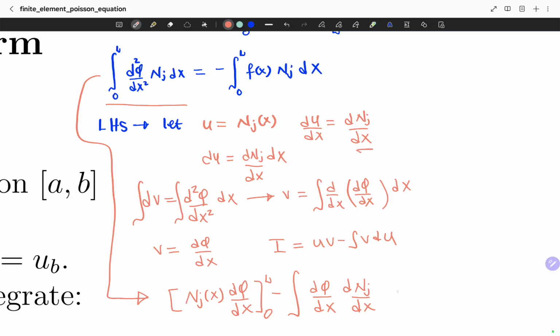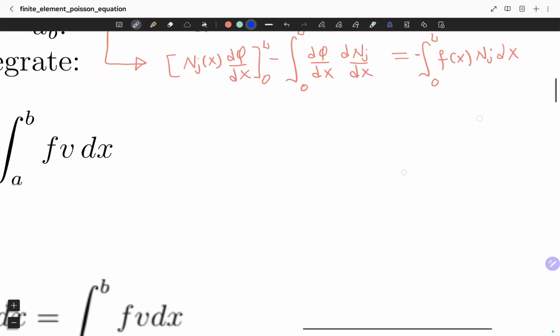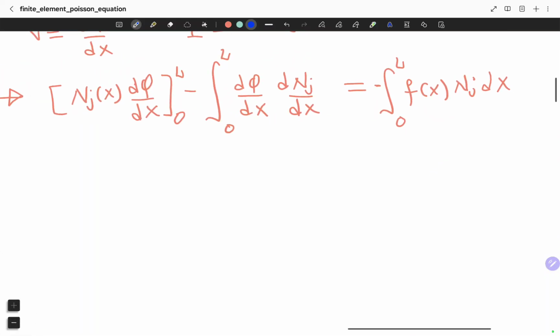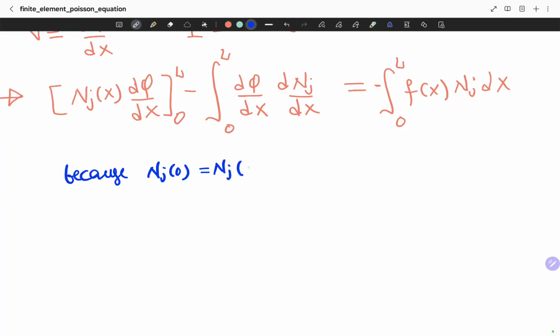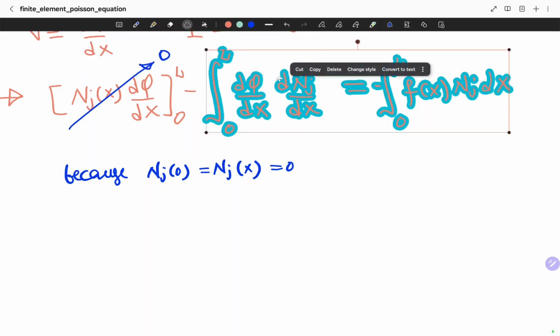And all of this equals minus integral from 0 to L f of x nj dx. And what happens next? Because nj of 0 equals nj of L equals 0, this term vanishes. What you have left is this term, and the negatives will go, as you can see.